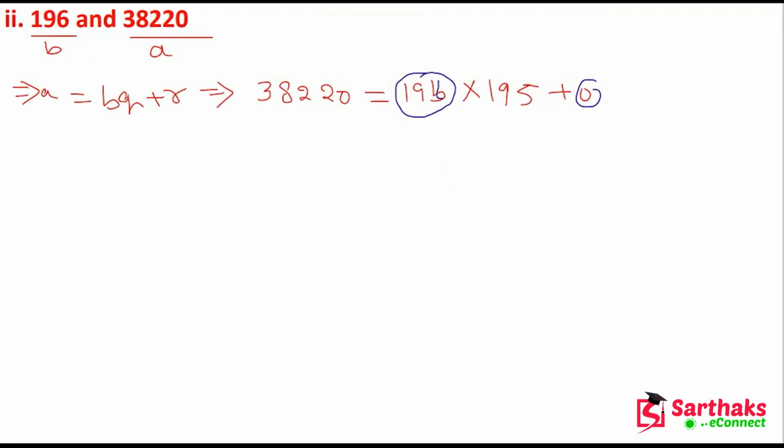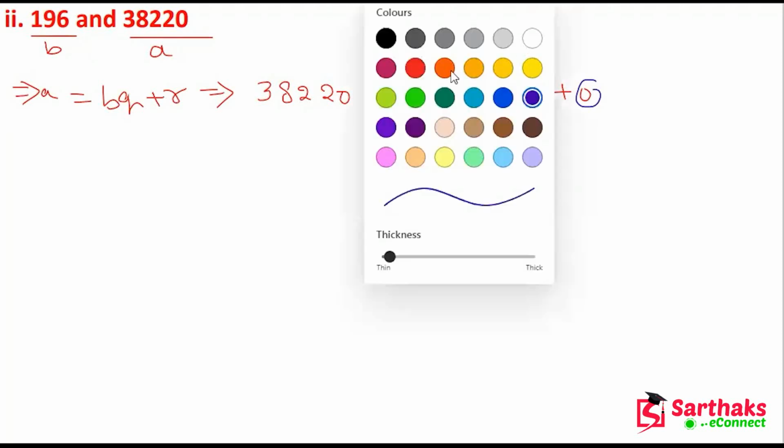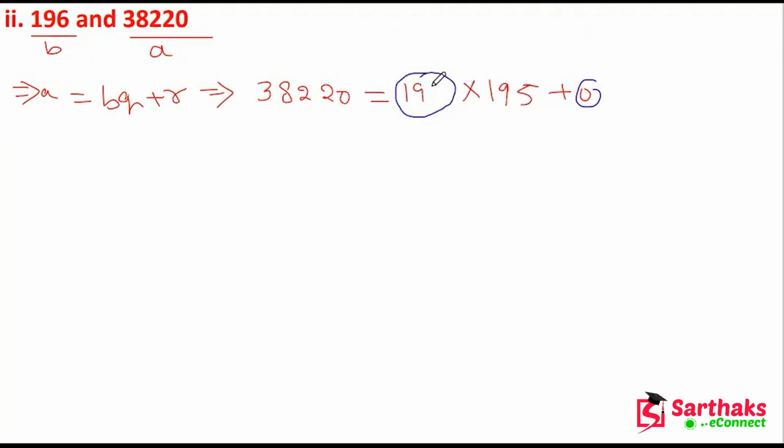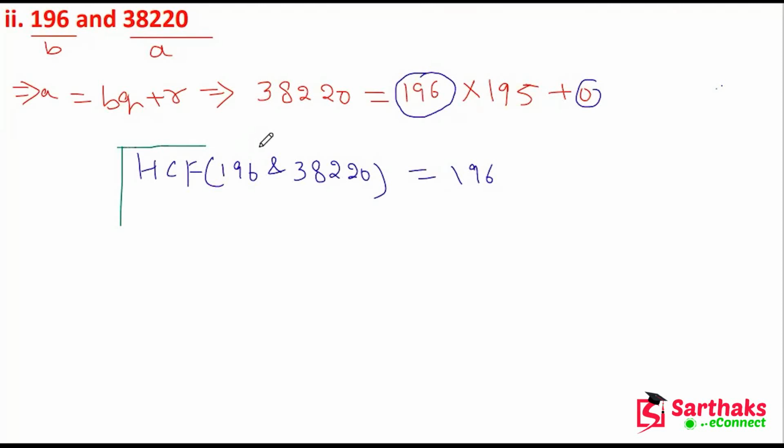So the HCF of 196 and 38220 is 196. So this is our answer.